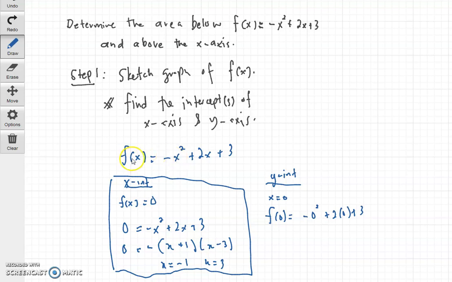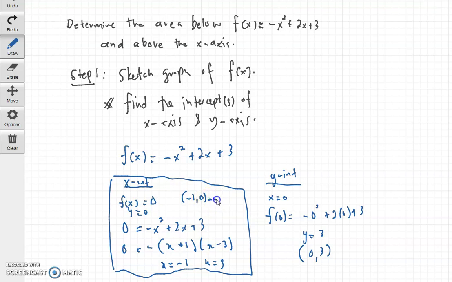Just substitute all the x that you have here with 0. Then you can see that when the value of x is 0, y will be equal to positive 3, which is the second point, 0 and 3. The first point will be negative 1 and 0, because the value of x is negative 1 and y equals 0.